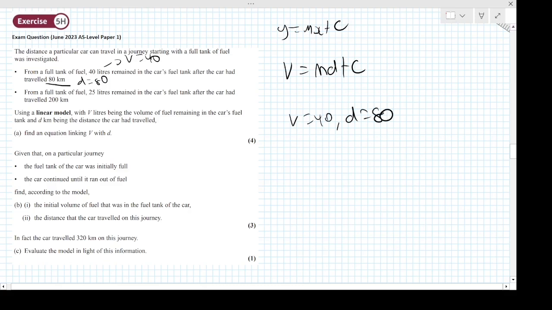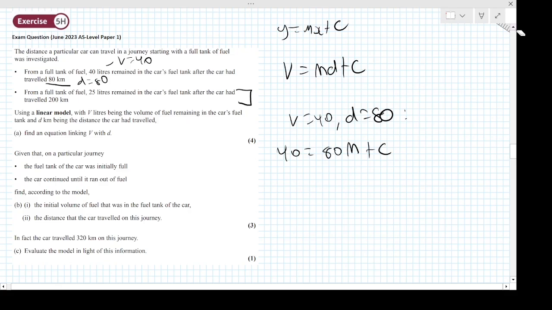Now I can substitute that into this equation here, okay? So when V's 40, I get MD, that's 80M, because D would be 80, plus C. Okay, that's fine, that's one equation, but we've got another bit of information here, so we can get two equations. Actually, I'll leave it there, V's 40, I won't rub that out. And then what about this one then?